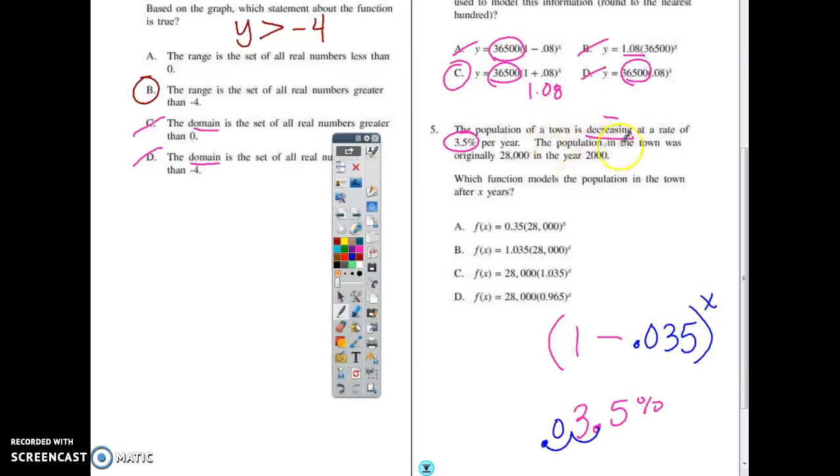And the population in the town was originally 28,000 people. So when you subtract these two in the calculator, it's going to give you 0.965. The answer is D. It needs to be something less than 1 because it's decreasing, and that's the only one that's less than 1.